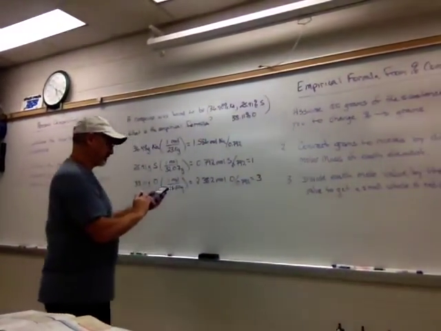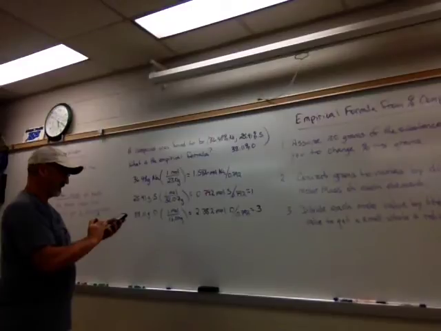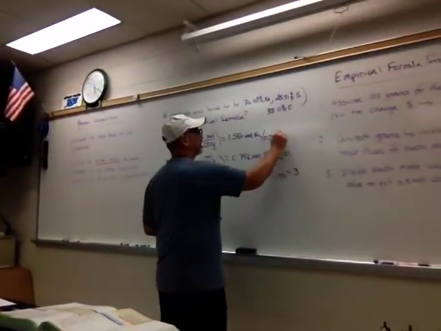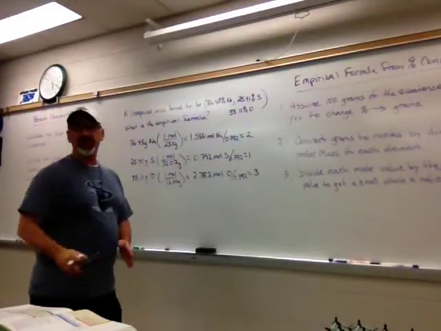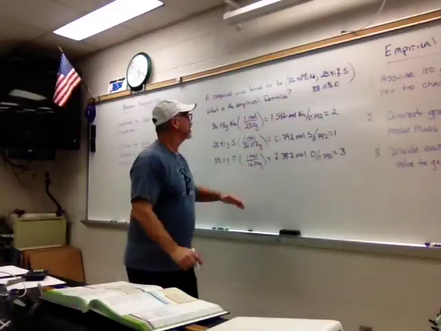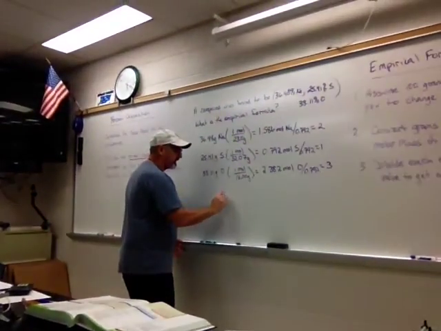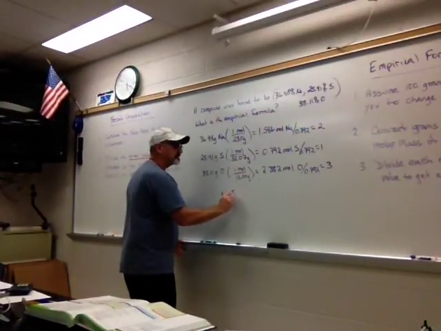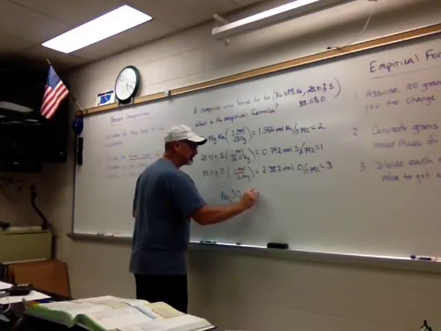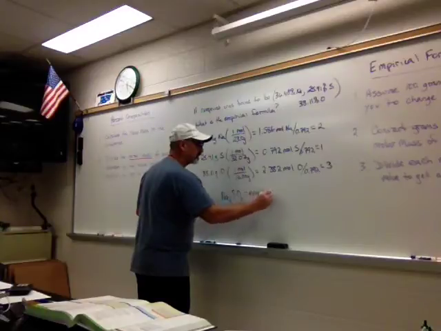And 1.586 divided by 0.792 equals exactly 2. So that's my small whole number ratio, a 2 to 1 to 3 ratio. So Na2SO3 is my empirical formula.